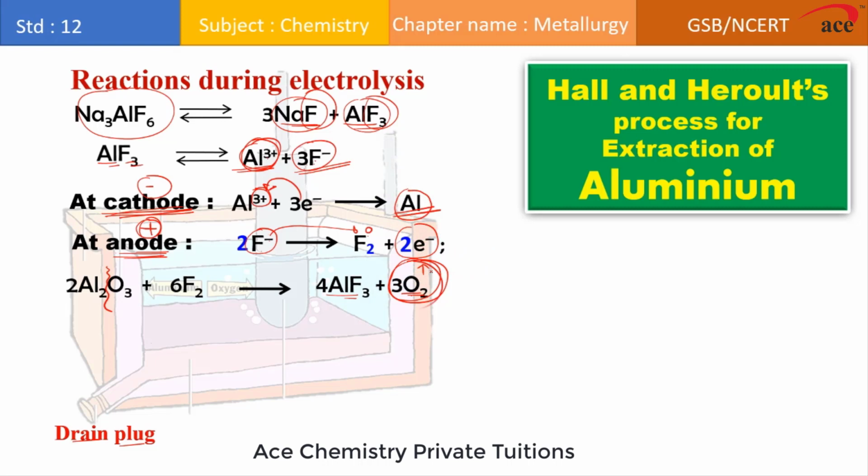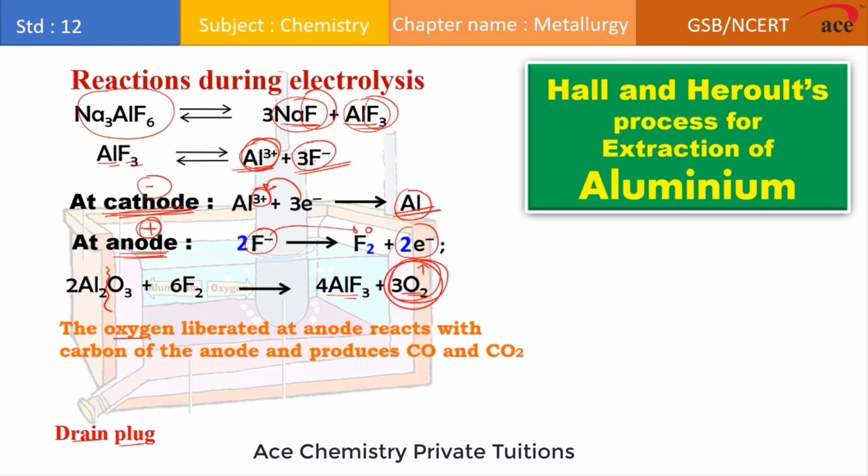So the oxygen which is liberated at the anode reacts with the carbon of the anode and produces carbon monoxide and carbon dioxide. During this process, the mass of the anode decreases, or you can say the anode is slowly eaten up by the liberated oxygen on its surface.